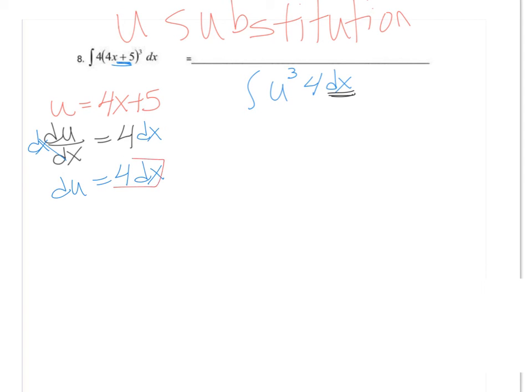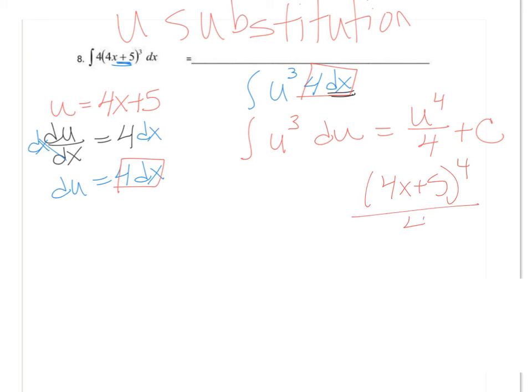Well, since this 4 dx matches this 4 dx, I can replace 4 dx with what it equals, which is du. So now I'm at a situation where I can do the power rule. We get u to the 4th over 4 plus c. But we didn't start with u in the beginning. We started with 4x plus 5. So I'm going to plug that back in. And that is our final answer for 8.